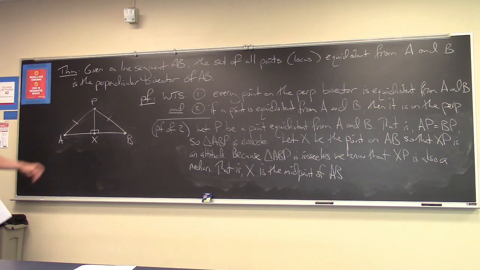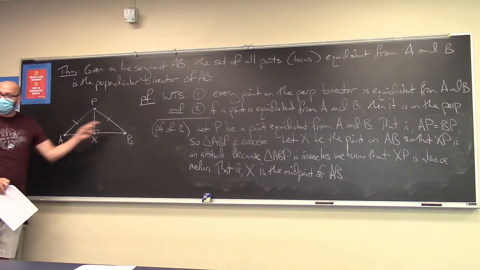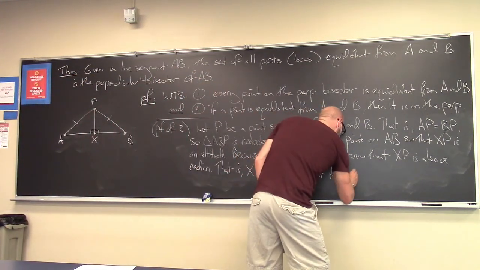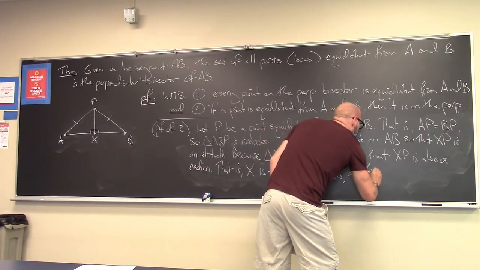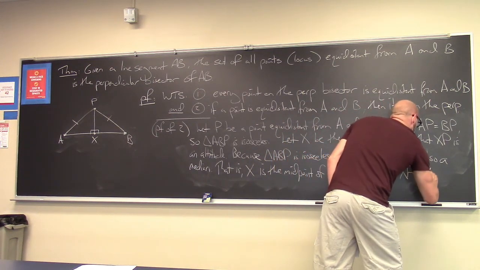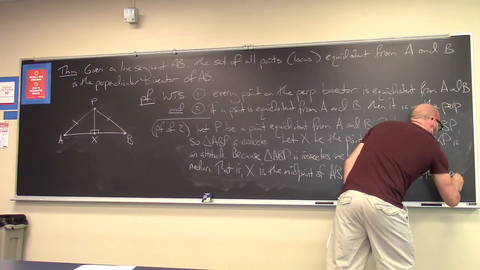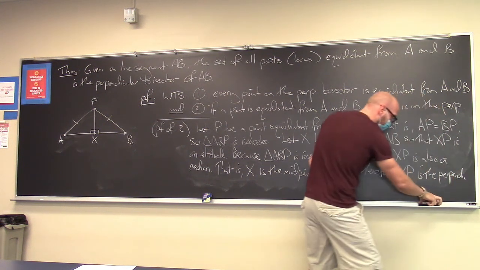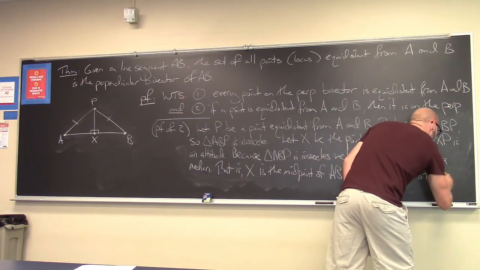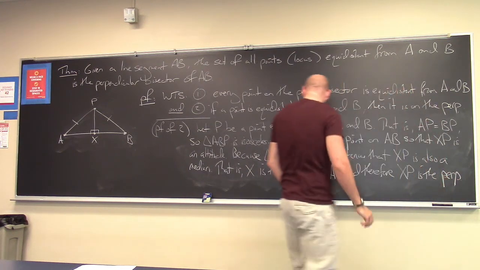And therefore, XP is the perpendicular bisector of AB. And therefore XP is the perpendicular bisector. I don't know why I decided to write the whole word when I've been abbreviating it.